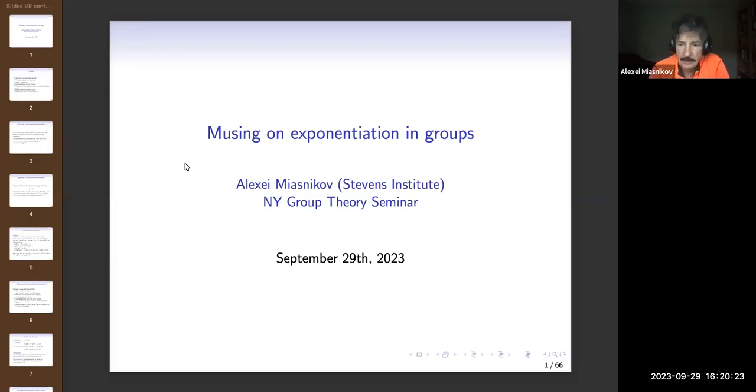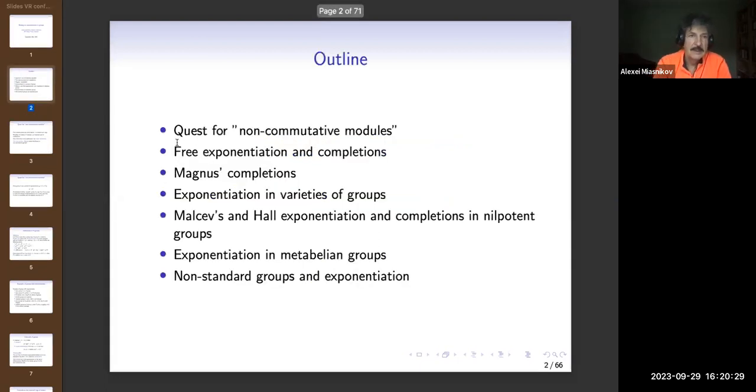That's the outline. I will talk about exponential groups, about variations on non-commutative modules.